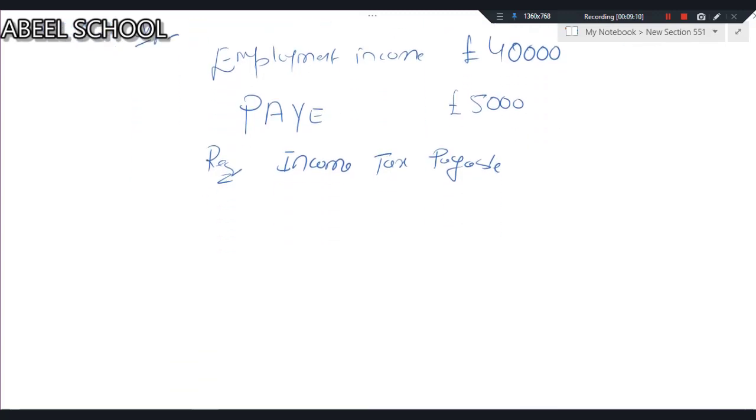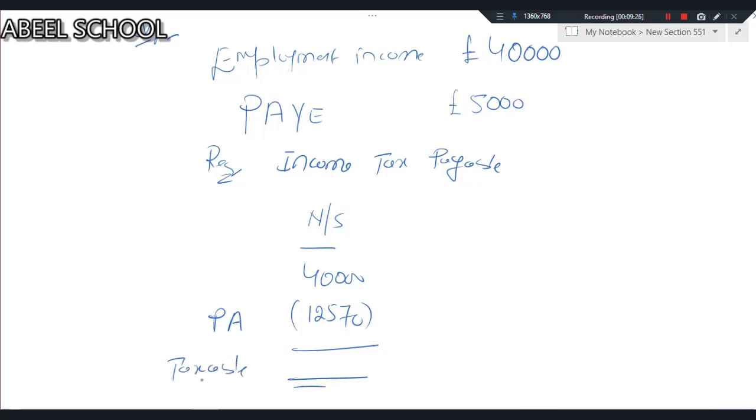I'm coming to that. Don't worry at all. Employment income is a non-saving income, which is 40,000. From this 40,000, I'll deduct the personal allowance, which is 12,570, and I'm getting taxable income.